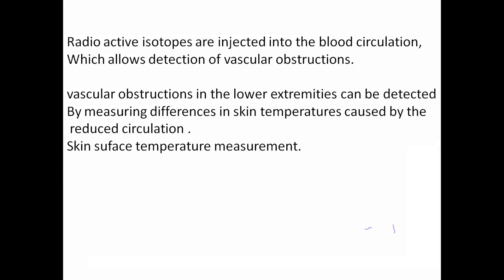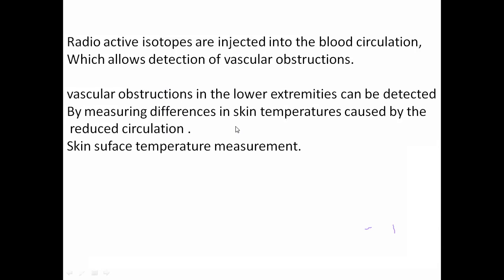By injecting radioisotopes in the blood circulation, we can identify whether there are any obstructions in the vascular system of the heart muscles. Similarly, vascular obstructions in the lower extremities can be detected by measuring the differences in skin temperatures caused by the reduced circulation.